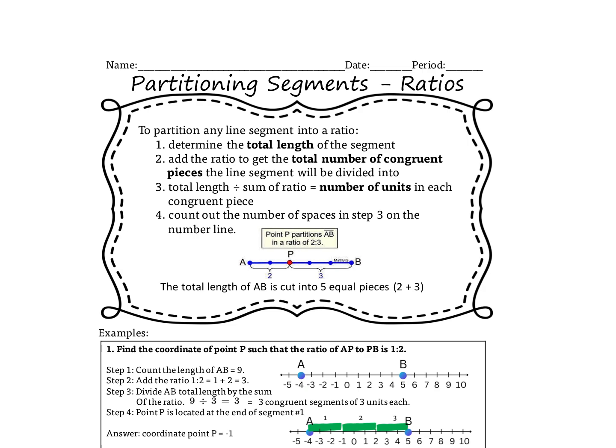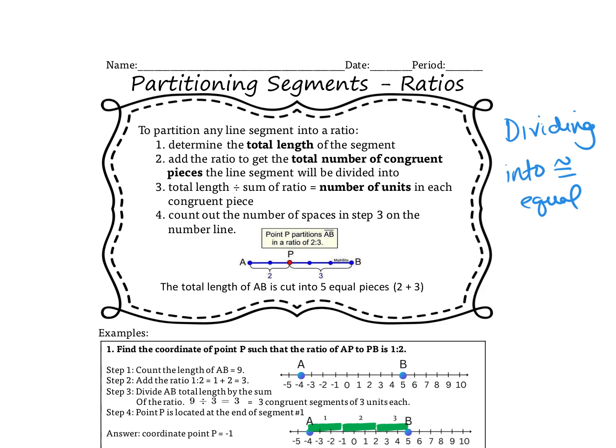Partitioning is just another word for dividing. And what we're going to do is divide any given line segment into congruent parts. And remember, another word for congruent is equal. Okay.